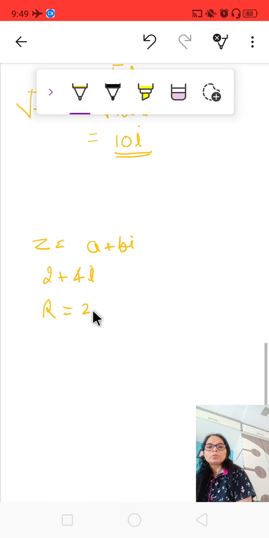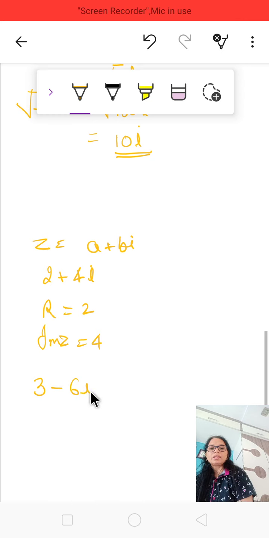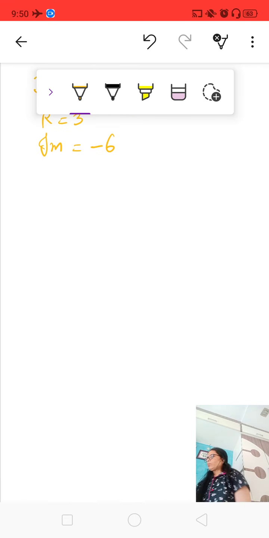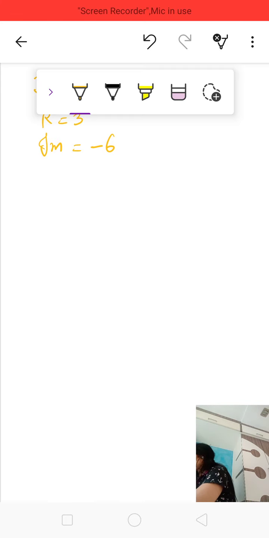Real part is equal to 2 and imaginary part is equal to 4. Again suppose I am writing 3 minus 6i. Here real part is equal to 3 and imaginary part is equal to minus 6. Now how to calculate the iota? How to take the values of i? Let me tell you about it.